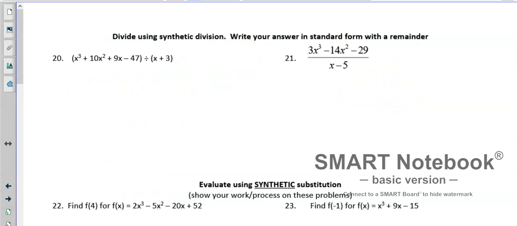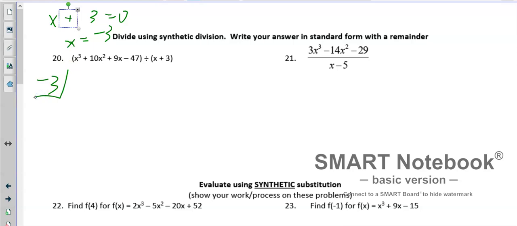All right, divide using synthetic division. Remember, these are two different ways of showing synthetic division. Okay, they're both showing divide. So in this case, x plus 3, we set it equal to 0 and find out that x is negative 3. That's the number that goes in the box.